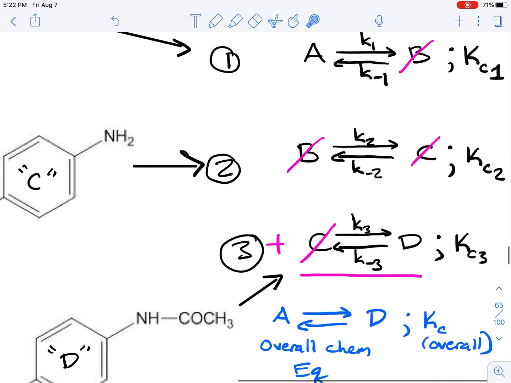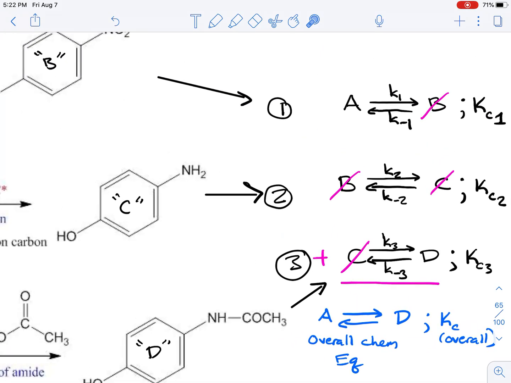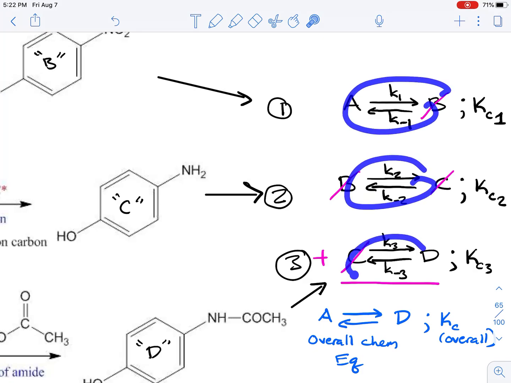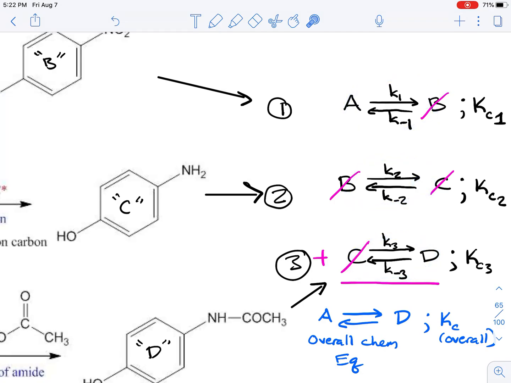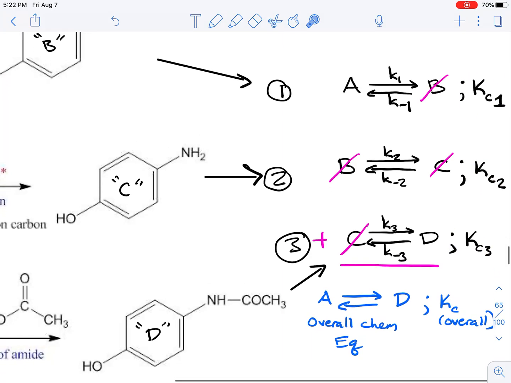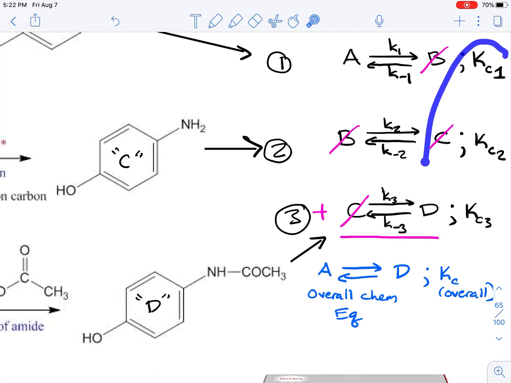What we want to learn in this section is how to manipulate these chemical equations, and in doing so, manipulate the equilibrium constants for each of these individual steps, and how to combine these equilibrium constants to be able to calculate the overall equilibrium constant, which represents the overall chemical equation.